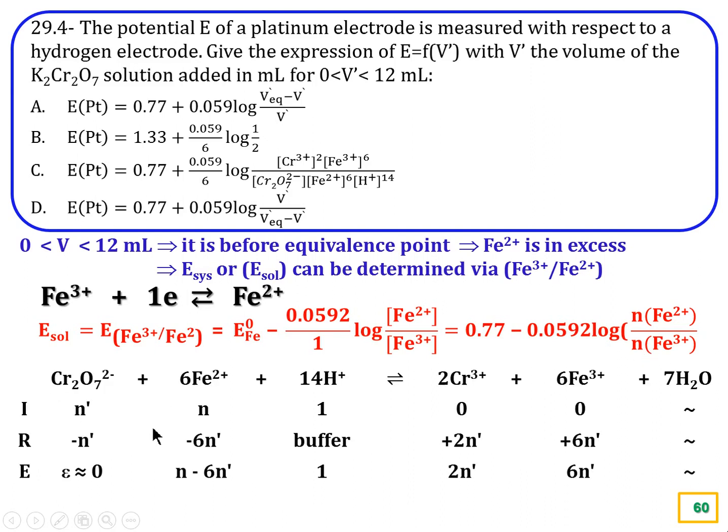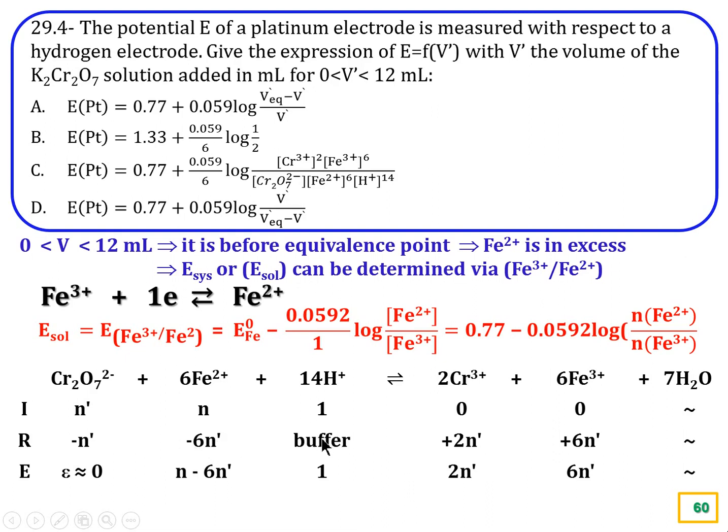We construct the table of conversion as in the previous exercises. At t equals 0, we have N' of dichromate, N of Fe2+, 1 molar H+, 0, 0. For the quantity reacted, dichromate is limiting since we are before equivalence, so minus N'. If we lose N' of dichromate, we lose 6N' of Fe2+, so minus 6N' reacted.